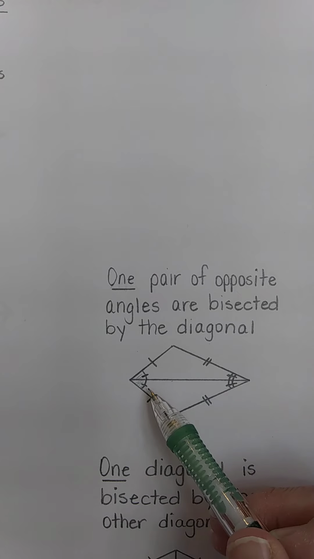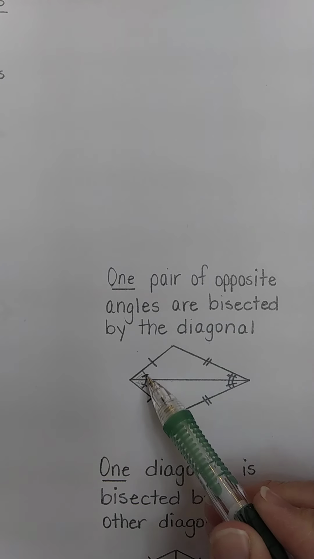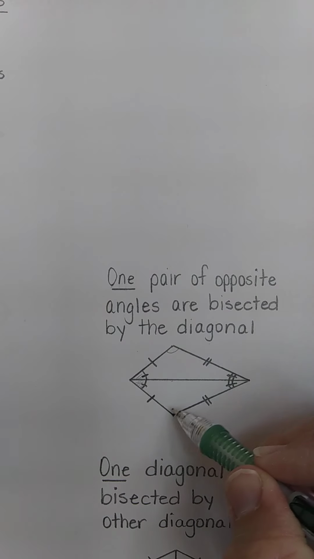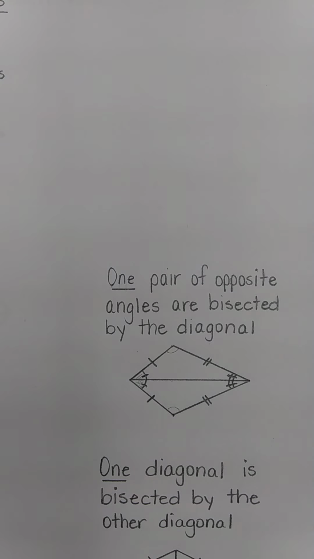That angle is bisected or cut in half. So if this whole thing is like 80, then this would be 40 and this would be 40. And then down here where the two tick marks come together, that creates this pair of angles, that gets bisected. So let's say this angle was 60 degrees, this would be 30 and 30. So this pair is congruent and the other pair is bisected.